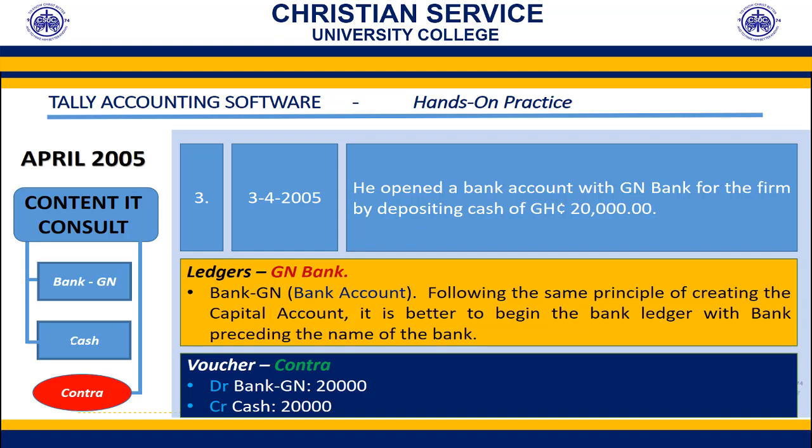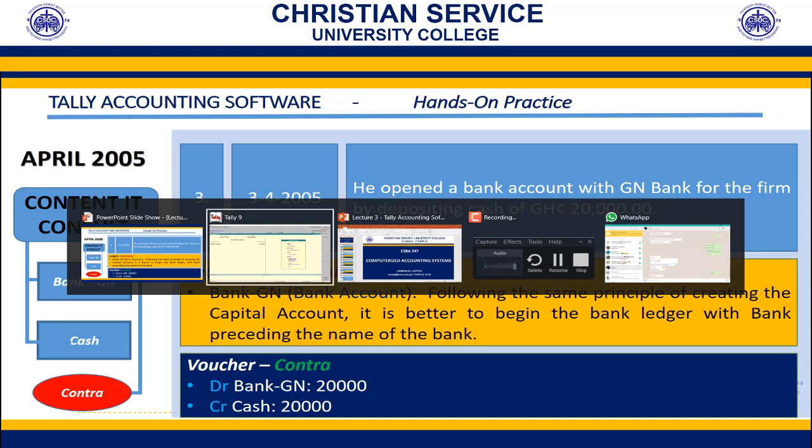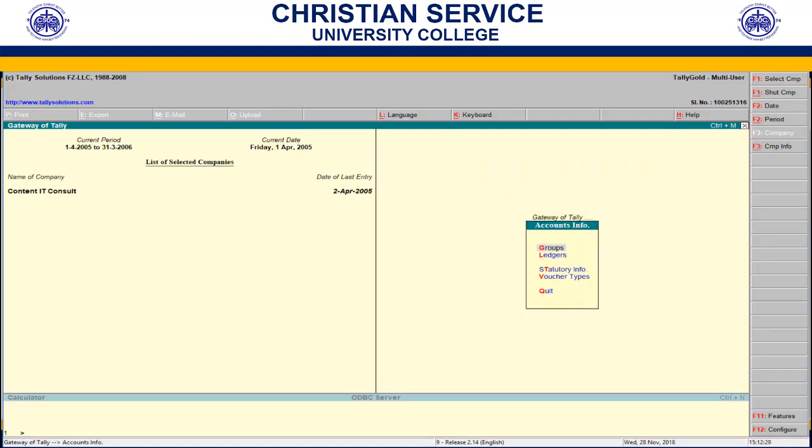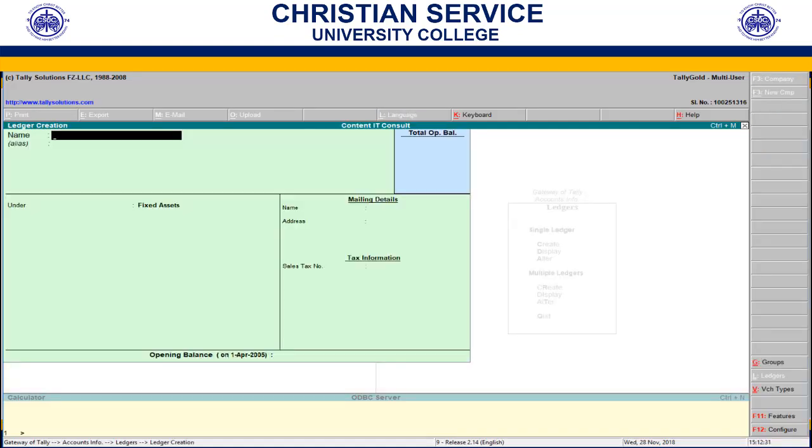This means that the transaction has taken place between just two entities which are of cash in nature, that is the bank and then the cash. Let's go to the Tally environment and create our ledger, which is going to be the bank.